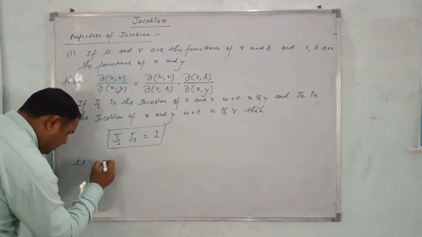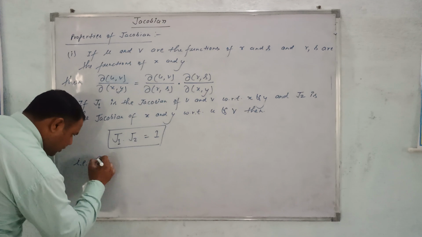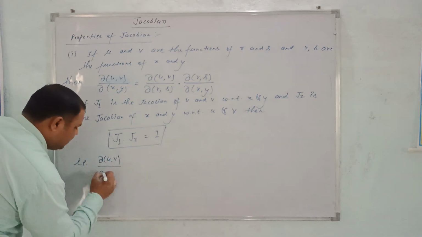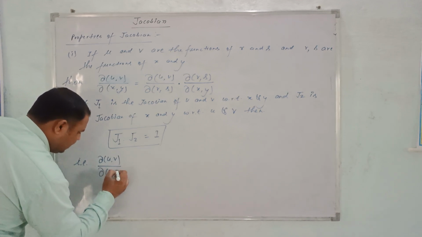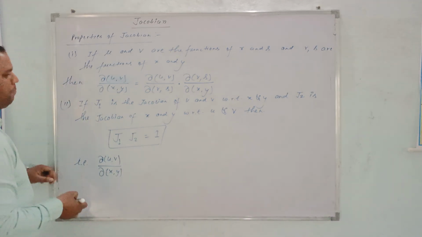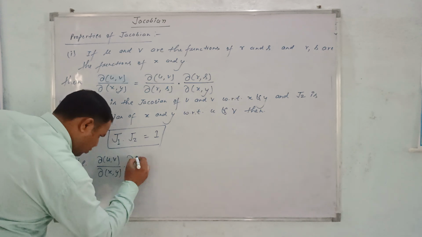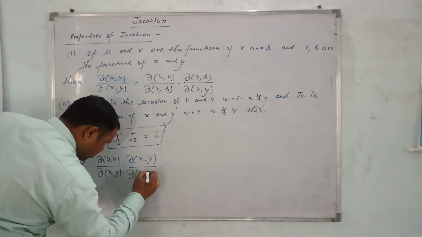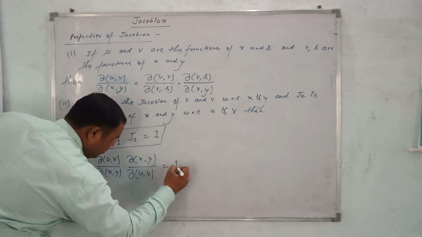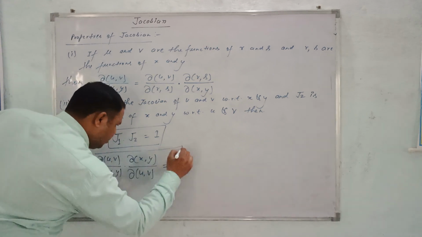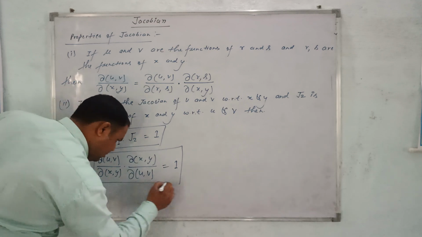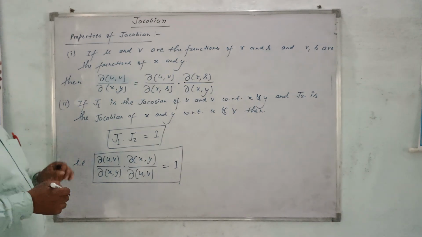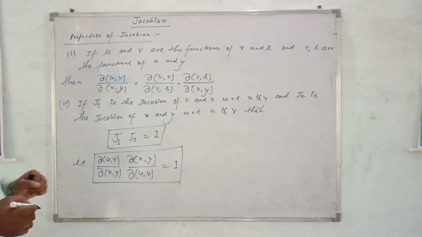That is, the Jacobian of u and v with respect to x and y, times the Jacobian of x and y with respect to u and v, is always equal to 1. So नेक्स्ट क्लास में हम लोग इन दो प्रॉपर्टीज को प्रूफ करेंगे.